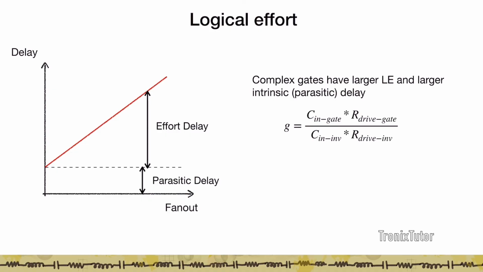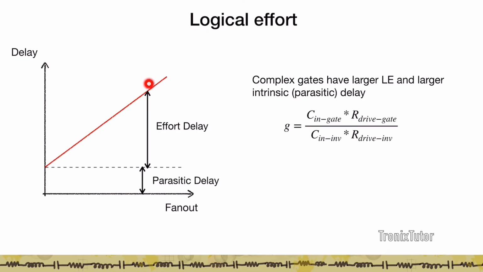It's important because many a time we use gates other than inverters in a data path, right? And so what happens is a larger gate is going to give you more delay for the same fan out. And so when you're trying to compare different gates, it becomes difficult to understand the concept of delay. So logical effort helps us normalize any gate to that of a common inverter.